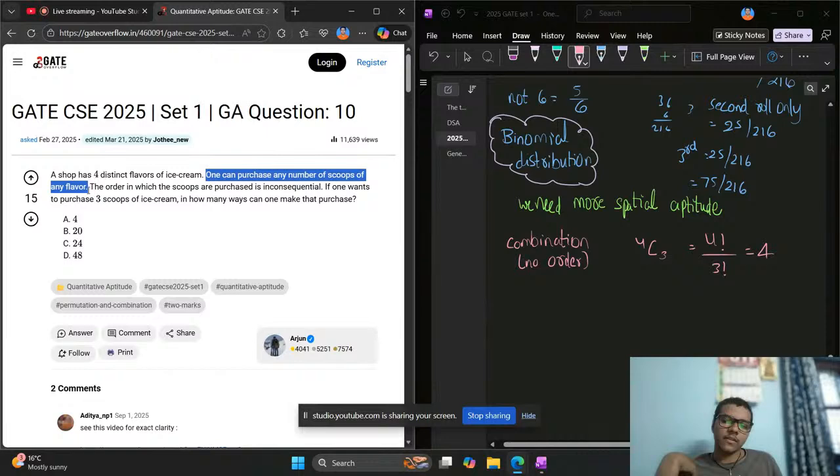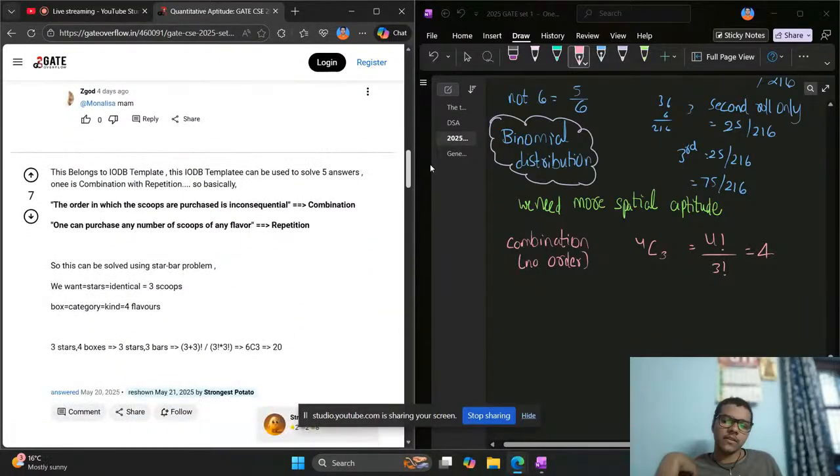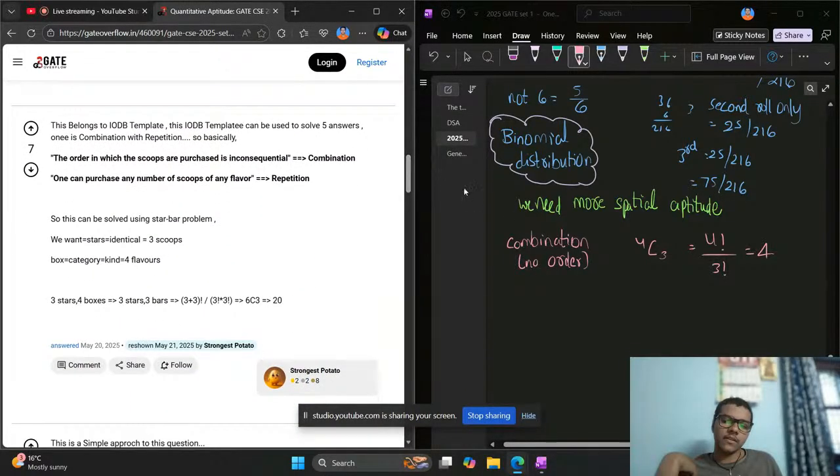This point we missed out. Any number of scoops of any flavor. We missed that one out. Stars and bars. Right. Okay, let's do this for 3.